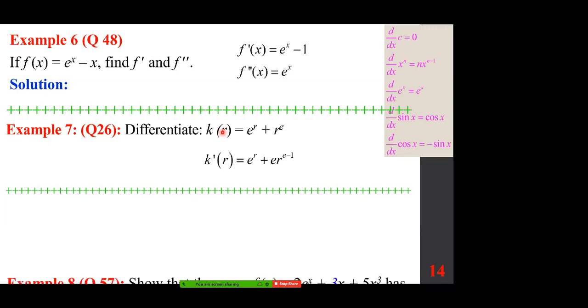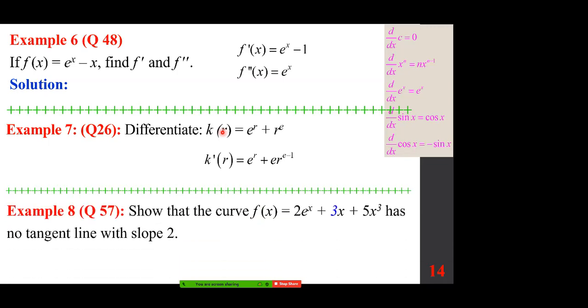All right. We want to show that this curve has no tangent line such that the slope is 2. Well, first, remember, in order to come up with the slope of a tangent line, we have to find f prime of x first and then deal with that. So let's find f prime of x and observe what happens.